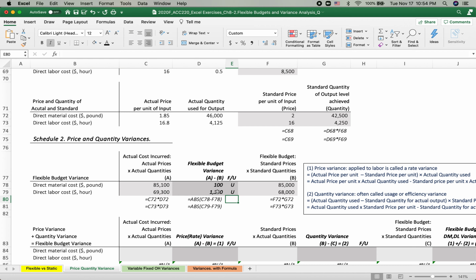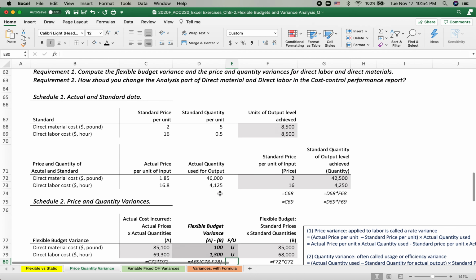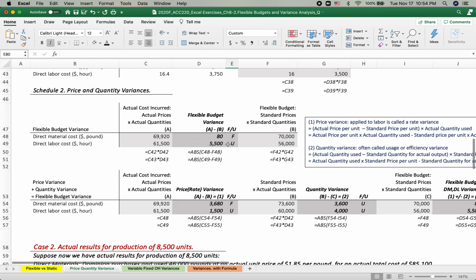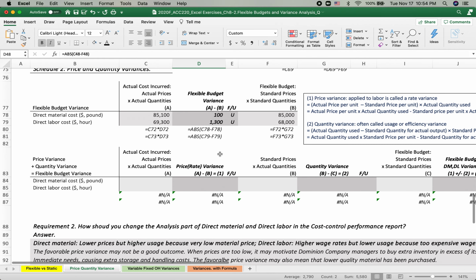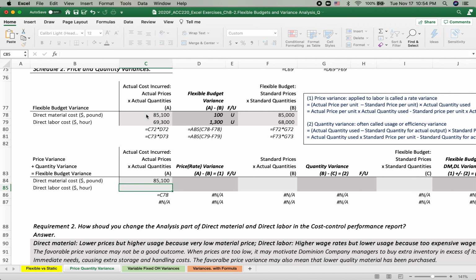It's getting better at 1,400 unfavorable from around 5,420 unfavorable. So let's see what happened in this 100 unfavorable and 1,300 in terms of the price variances and the quantity variances.